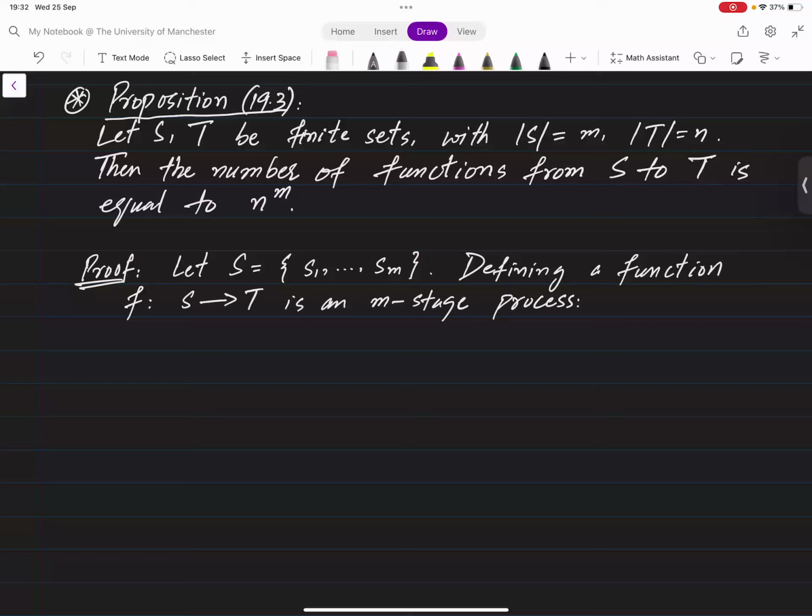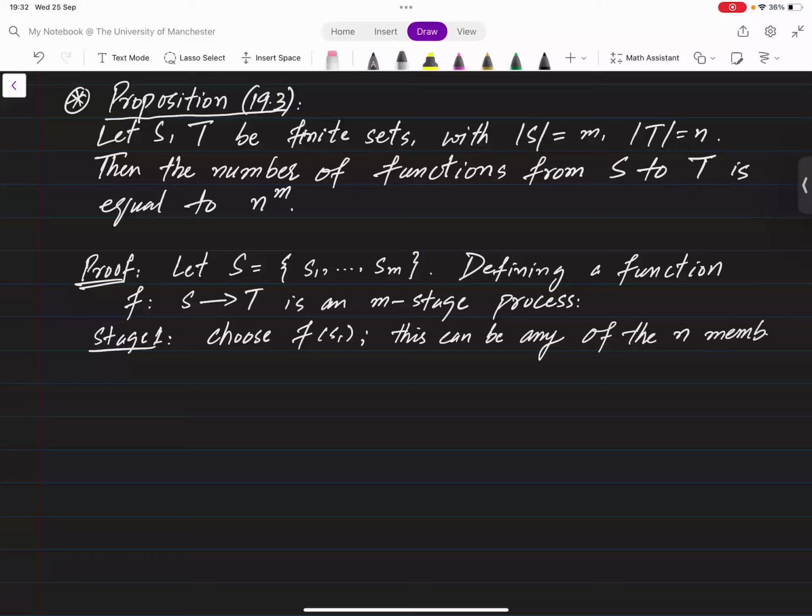Perfect. Stage 1 is we choose f of s1. This can be any of the n members of T, so the number of choices is n.